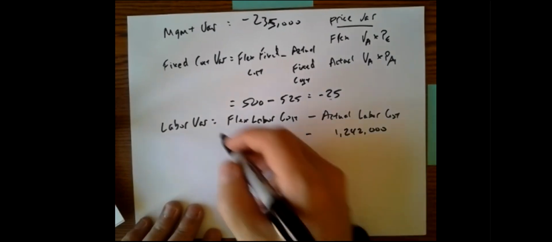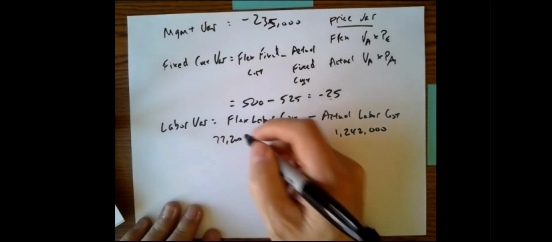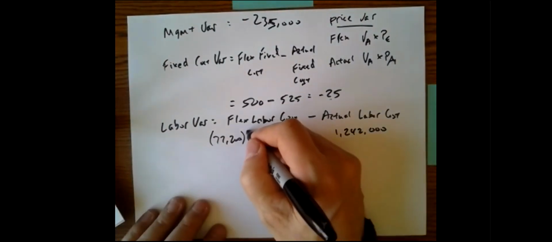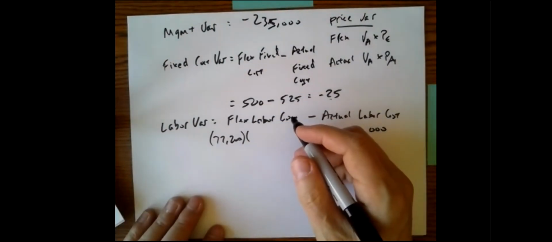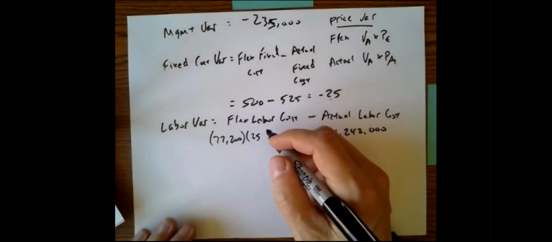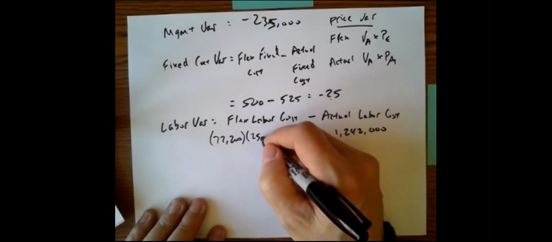So the actual volume is 77,200 visits. And then the labor cost comes from the $25 per hour, which was the expected labor rate.